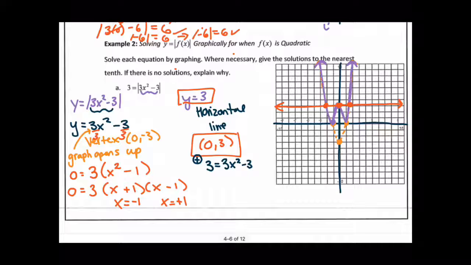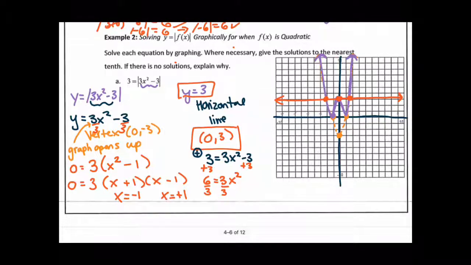So when I solve for x here, I'm going to add 3 to both sides. I'm going to isolate my x. And then I can divide by 3. And then I can square root.